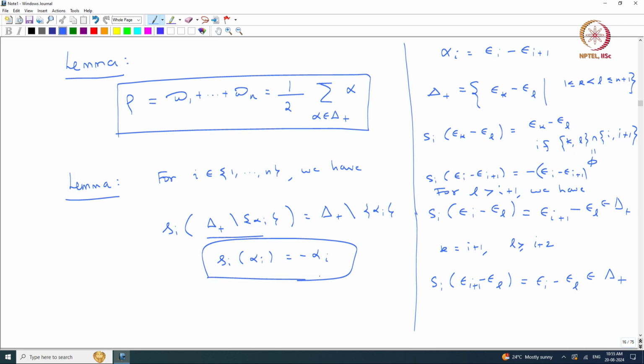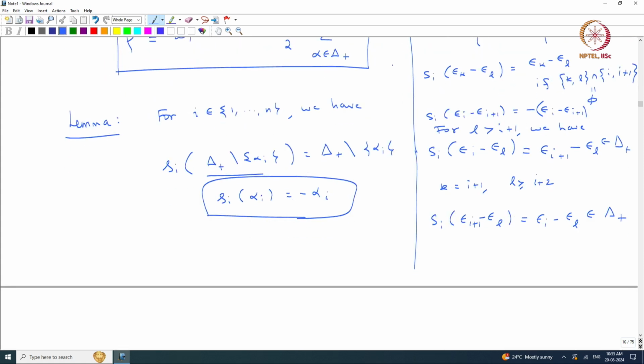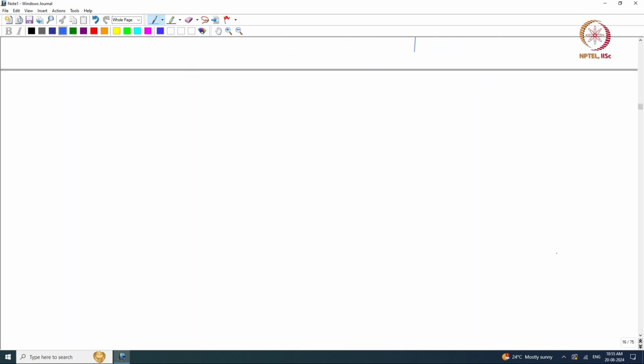Okay. So, now to prove this identity, you write the right hand side in terms of the omega_i's. So, to prove the first lemma, to prove rho equal to half the summation of alpha, alpha in delta plus, maybe call rho dash the right hand side, half the summation of all positive roots.